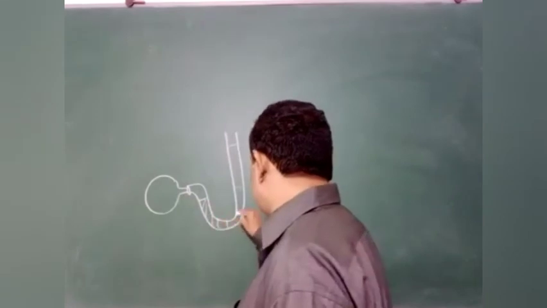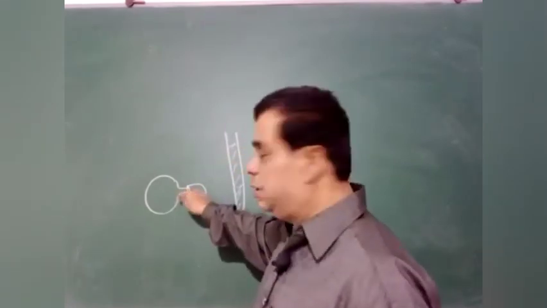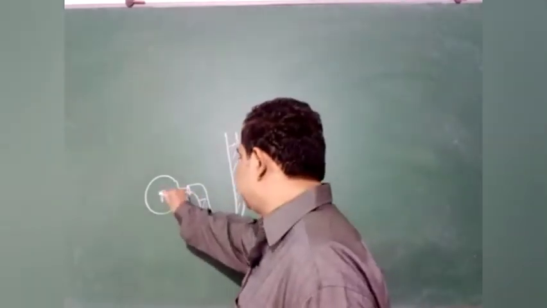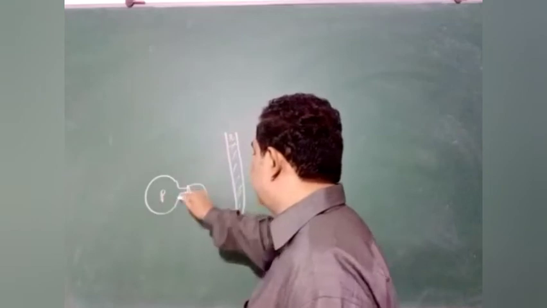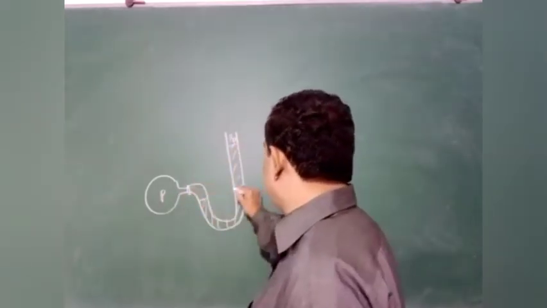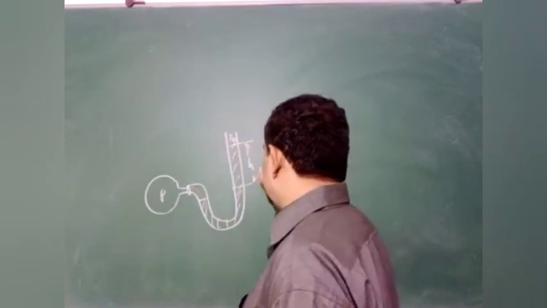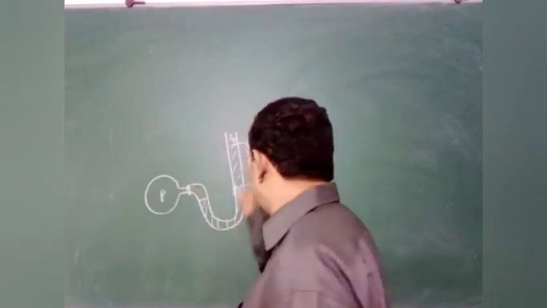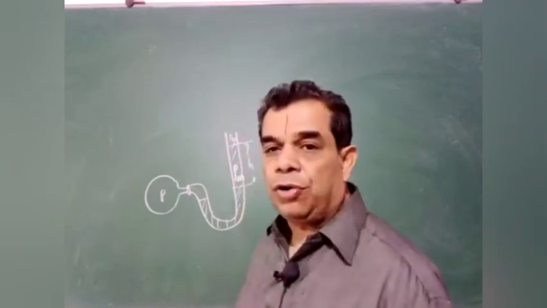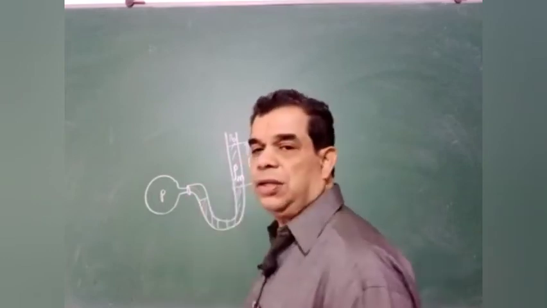If you don't connect it here, they are one and the same. But if here the pressure is more than atmosphere pressure, then this pressure pushes the liquid, it rises up through a height h. If rho m is the density of the manometer liquid, this is called as manometer.